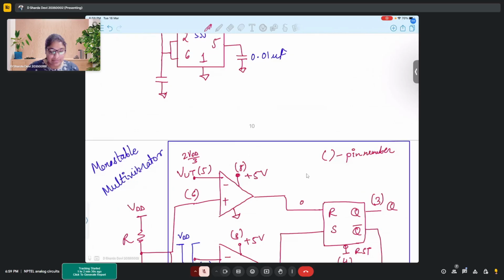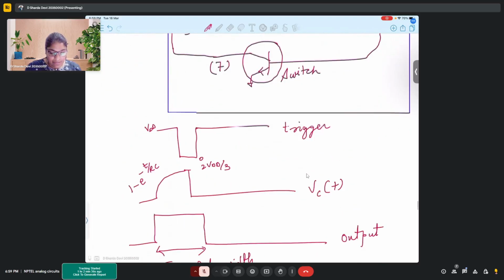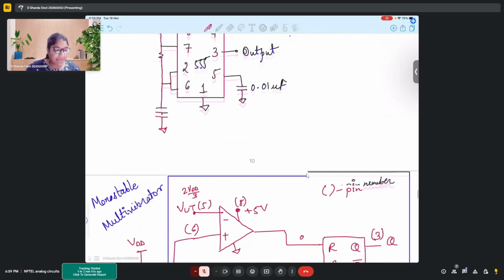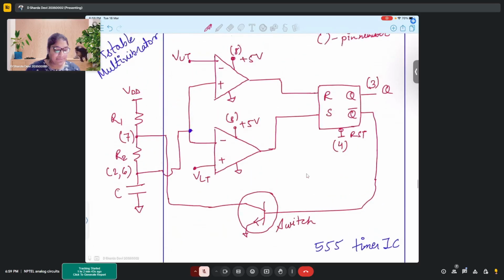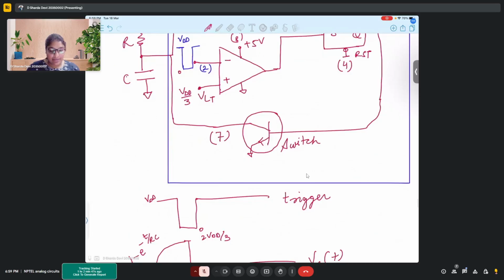Okay, is this clear? So this is how we use a 555 timer IC for designing astable multivibrator as well as monostable multivibrator. All right. So let's move on to the next problem.